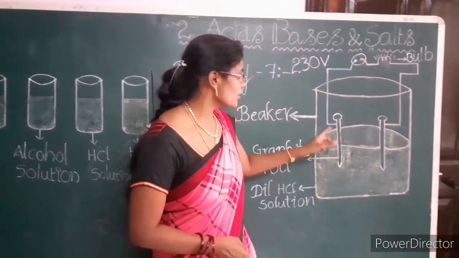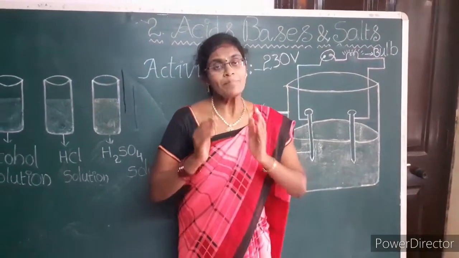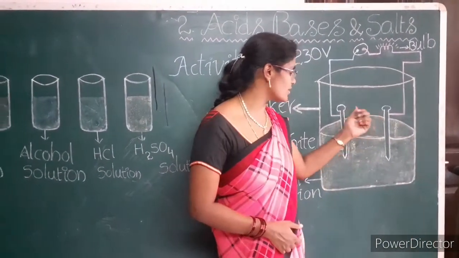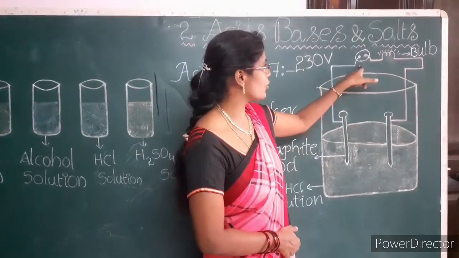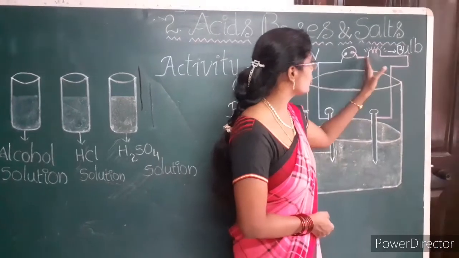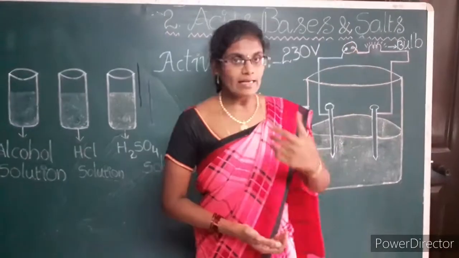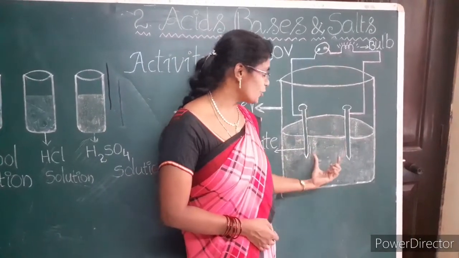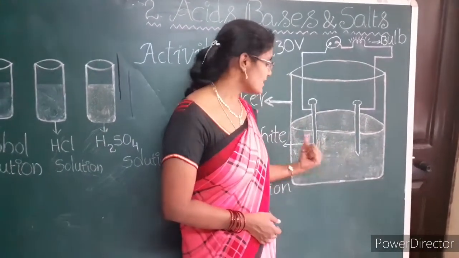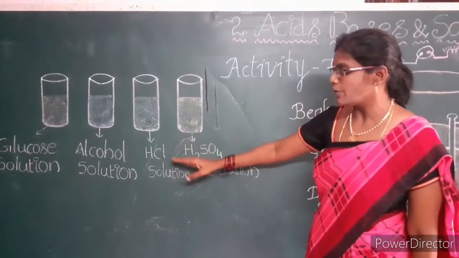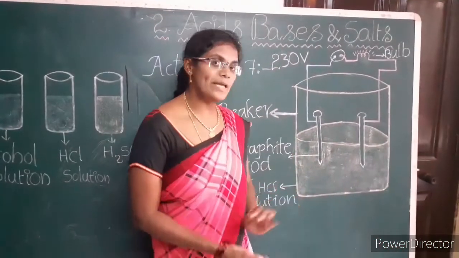Next, take 2 graphite rods and connect 2 different colored wires to these 2 graphite rods, and connect one end of the graphite rod to a 230 volts AC plug and the other end to a bulb and the AC plug. Next, place the total arrangement into a beaker and add dilute hydrochloric acid solution into the beaker.